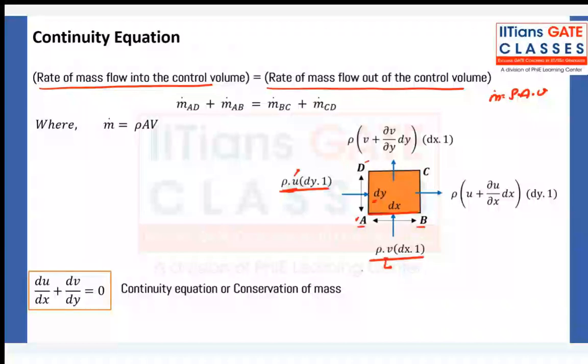Now this is exiting, of course. Rho and area remain the same, and this is the change in velocity. If any change has come inside the fluid element, it will be accumulated in this form, ui plus vj.